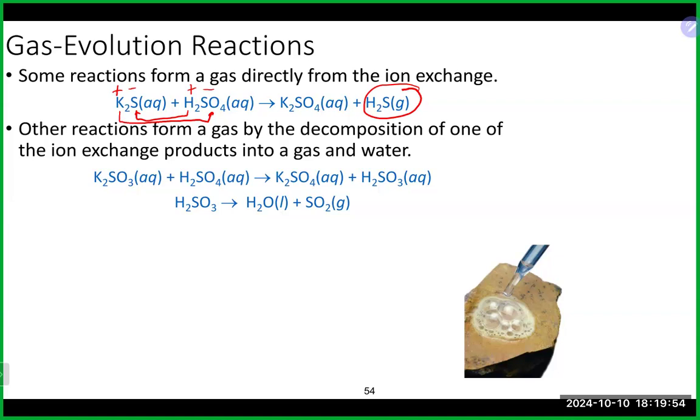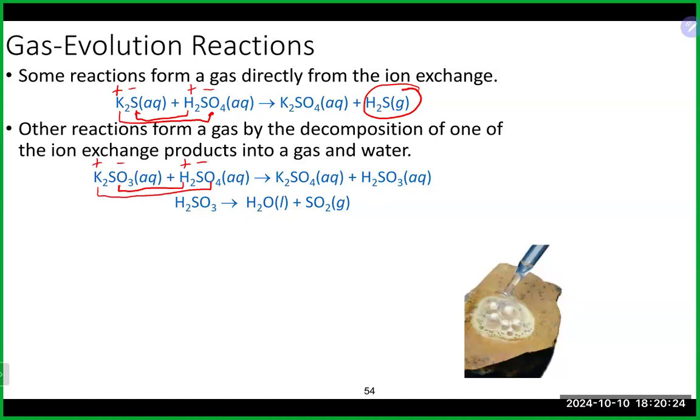The second way a gas is generated through a double displacement reaction is a twofer reaction. The first reaction that occurs is the double displacement reaction. So if we started with potassium sulfite and sulfuric acid, we get our double switch and make potassium sulfate and sulfurous acid.